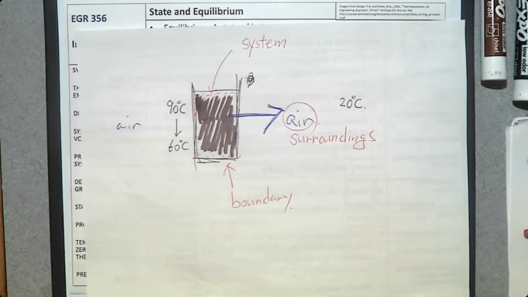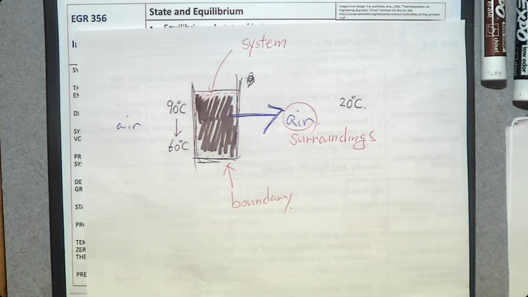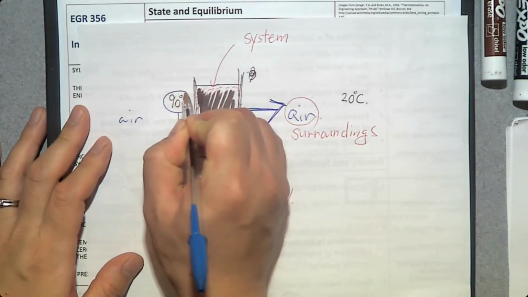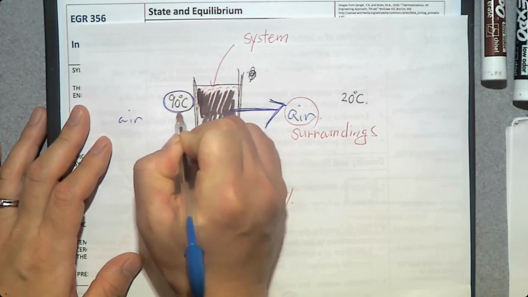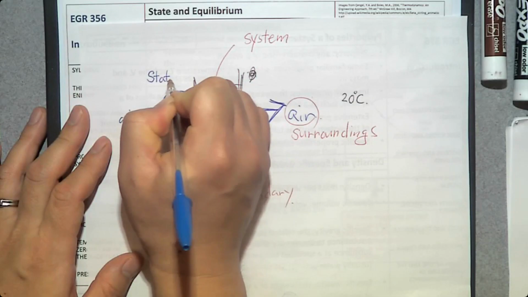Then this is a heat transfer process. Initially, it was 90 degrees Celsius, and at the end of this heat transfer process, the temperature of the coffee is going to be 60 degrees Celsius. So 90 degrees Celsius is state number 1, the starting initial state.